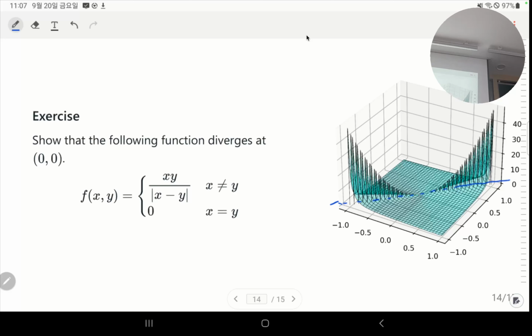If you figured out that every path converges to the same number, then you don't prove the divergence. You only get the evidence that it must be convergent. But if you find two different paths which converge to the same point, but the limit is different, then that's the example. It's the proof of divergence.